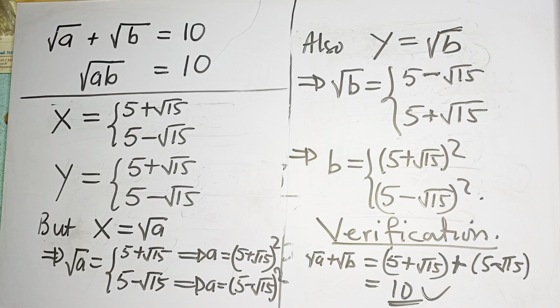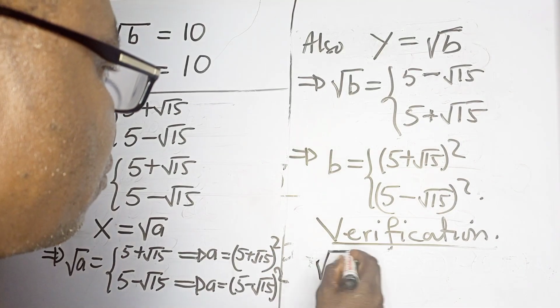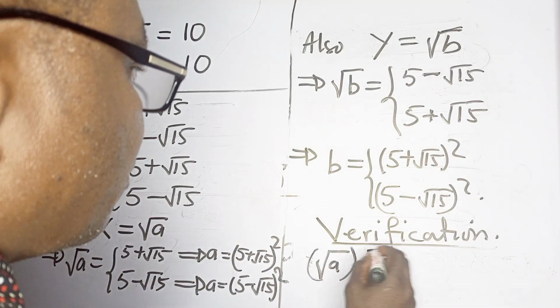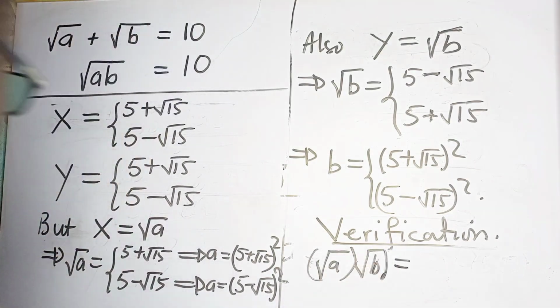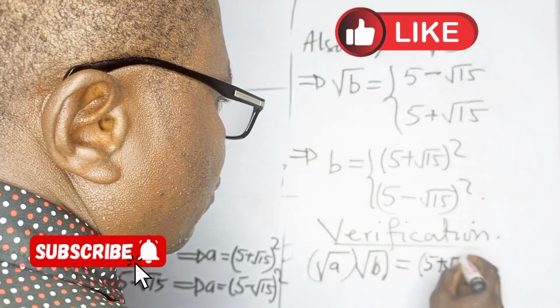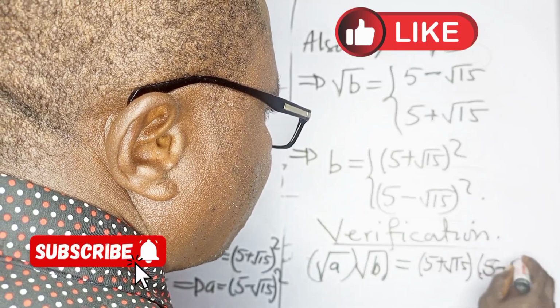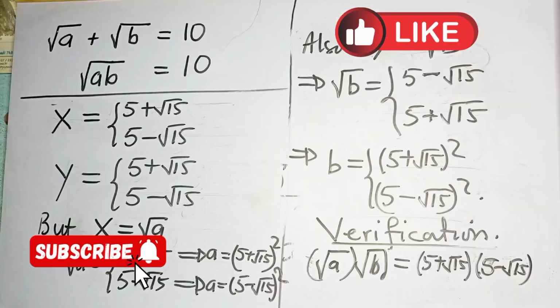Second verification: the product root A times root B will be equal to 5 plus root 15 times 5 minus root 15.